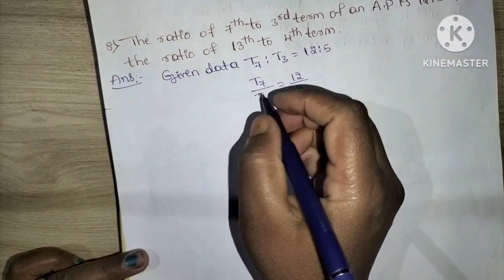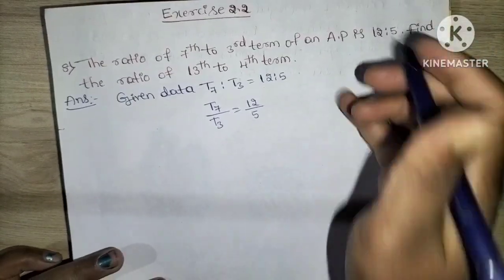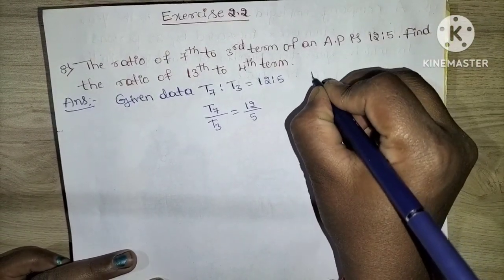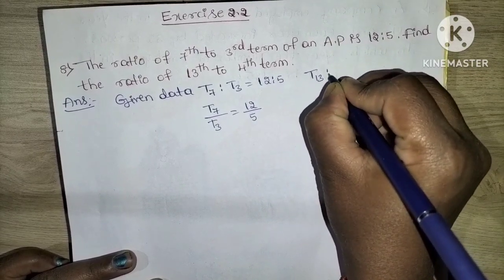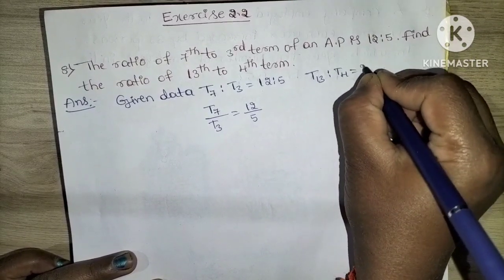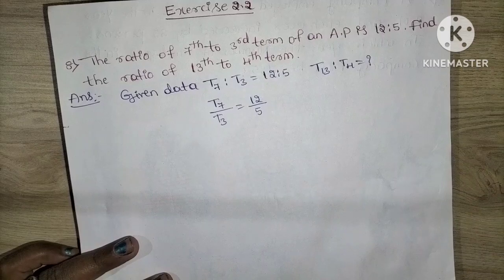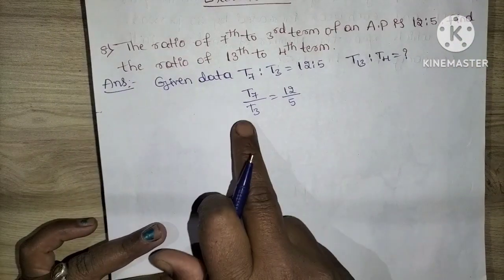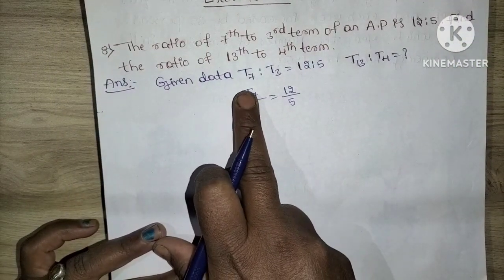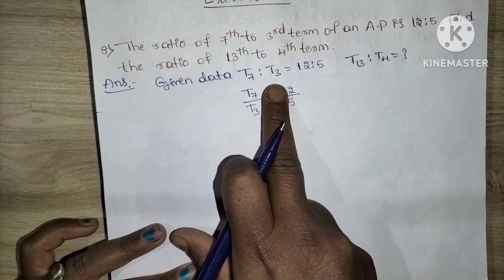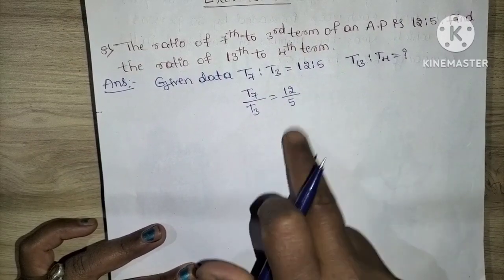Again, we have to find the ratio of the 13th term to the 4th term.